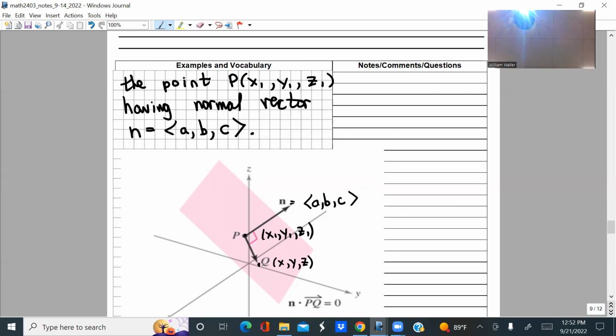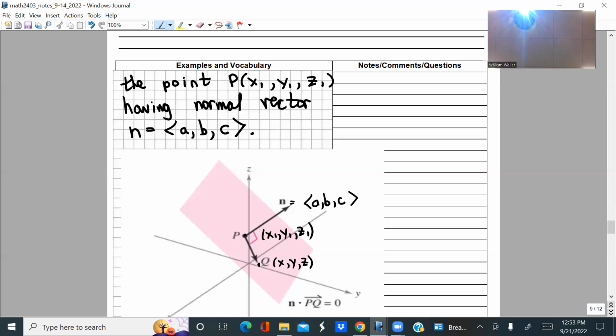You can keep the point fixed and rotate the plane to get different planes. But if you know a vector that's perpendicular to the plane, that completely tells you the tilt or the orientation of the plane. There's only going to be one plane that's perpendicular to that.